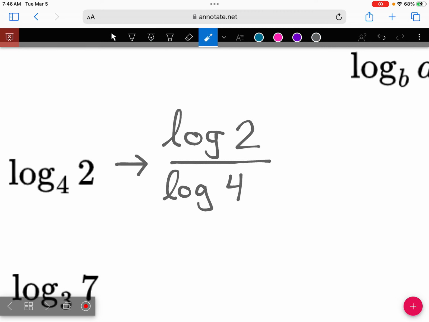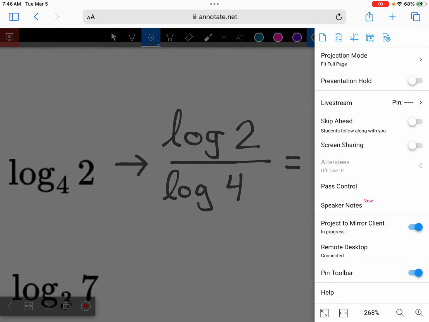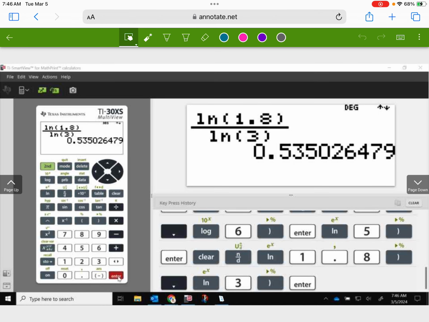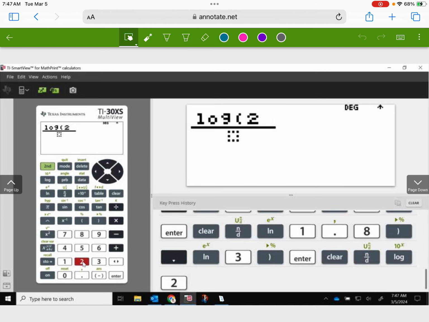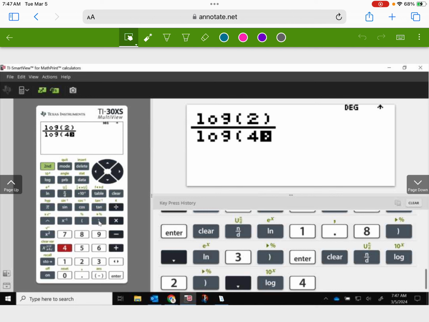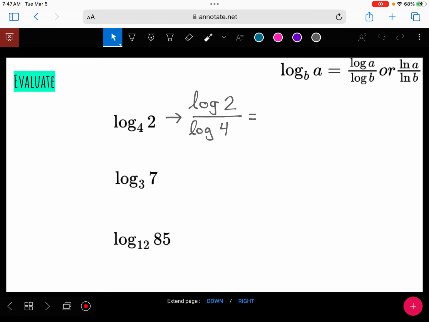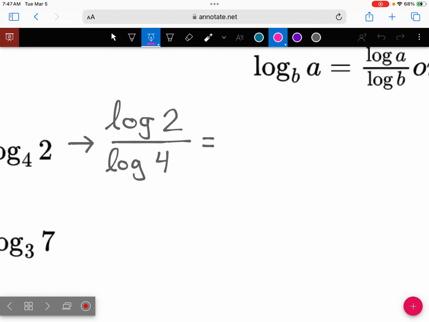We're switching this from a base 4 to a base 10 so that we can type it in the calculator because we want that decimal answer. So in our calculators, we're going to do the fraction log of 2 over log of 4. And we get 1/2. So this is one we maybe could notice on our own if we remember our exponent laws really, really good. But it also might not.